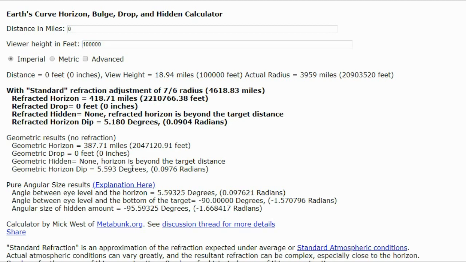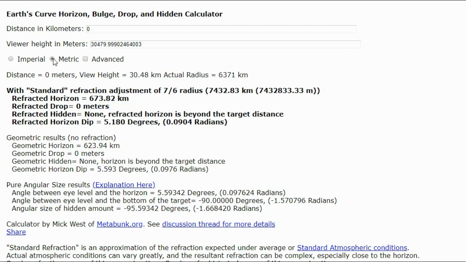At 100,000 feet, the dip to the horizon is only 5.5 or 5.6 degrees. And in terms of metric, we are talking about a view height of 30 kilometers high. So at 30 kilometers high, the horizon is 624 kilometers away, and it's 5.6 degree drop.